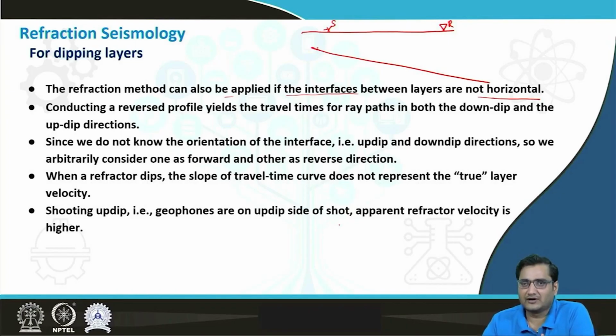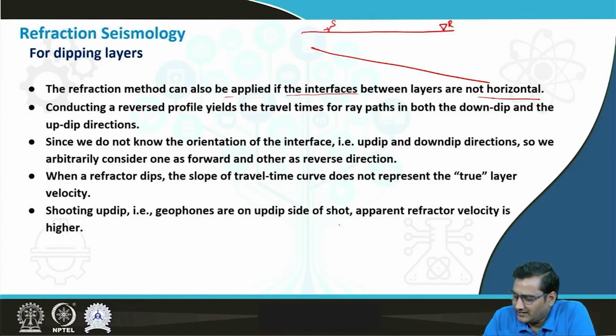That is why you are conducting this survey. So in that case, you cannot identify which is the up dip and which is the down dip direction. So we generally consider one direction as the forward profile and another direction as the reverse profile.